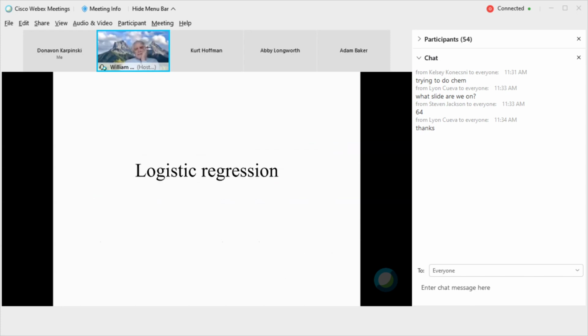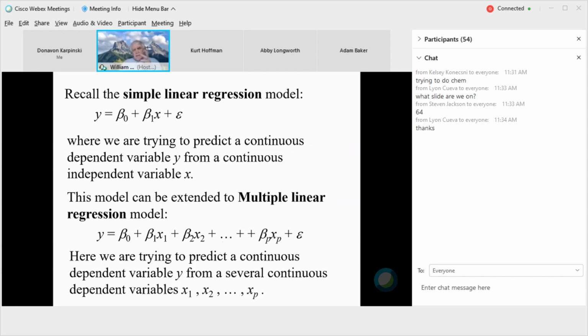The next topic is logistic regression. The simple linear regression model is predicting a continuous dependent variable from an independent variable X. The multiple linear regression model is extending the number of predictors from one variable X to P variables, X1, X2, up to XP.